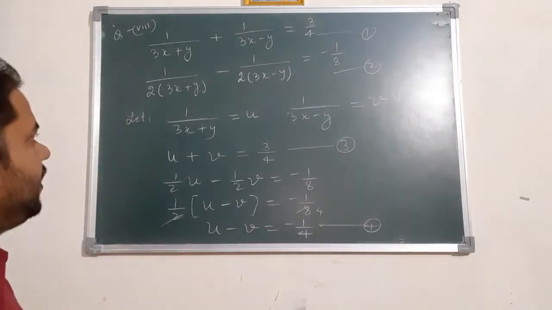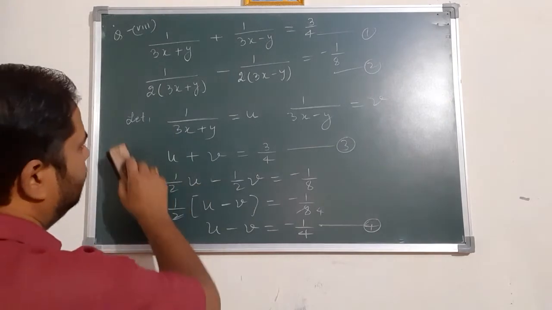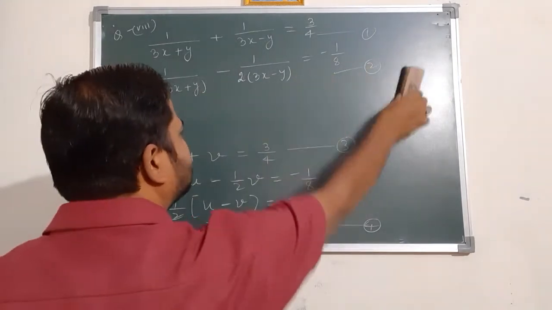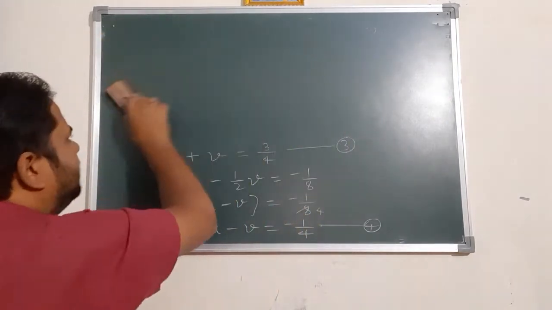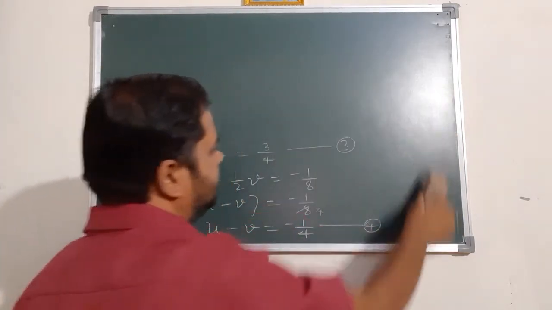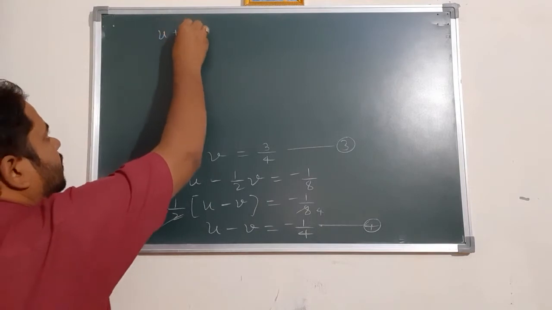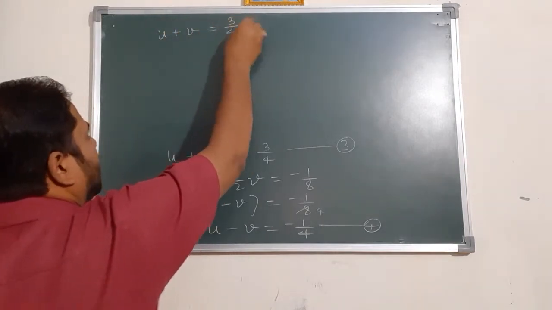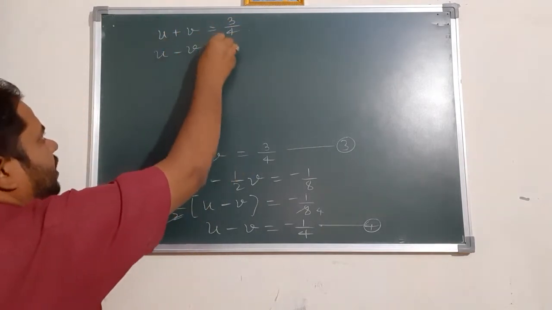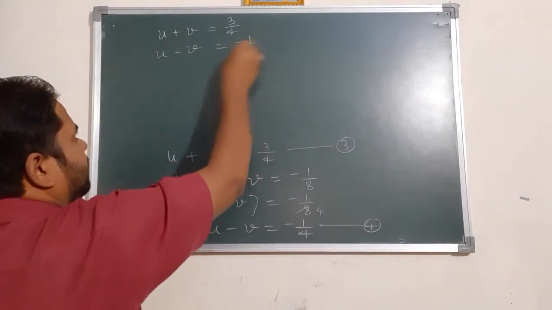I hope you completed. Now see, question number 3 and 4 we have to write here. So 3 is u plus v is 3 by 4 and u minus v is minus 1 by 4.